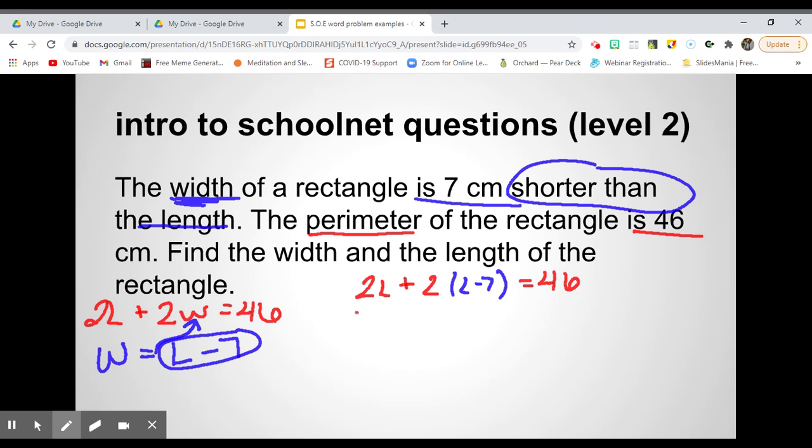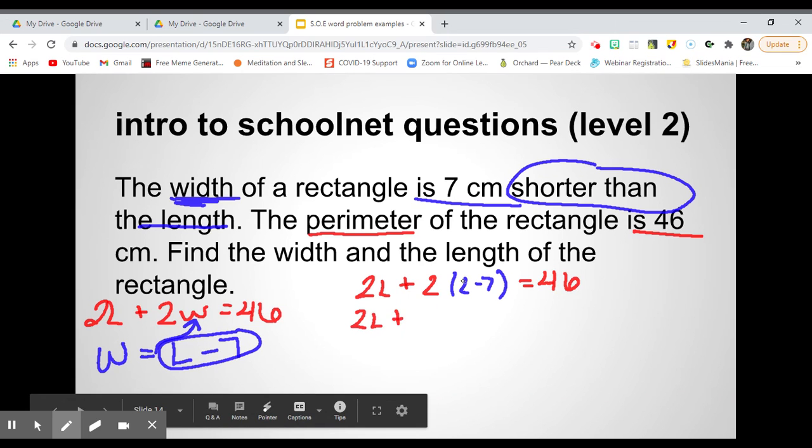So then let's do some distributive property and combining of like terms. 2 times L is 2L, minus 14 is equal to 46. 2L plus 2L is 4L, minus 14 is equal to 46. Add 14 to both sides.